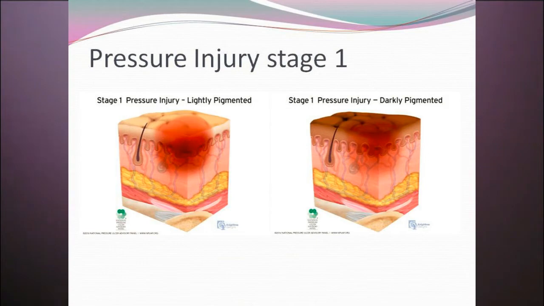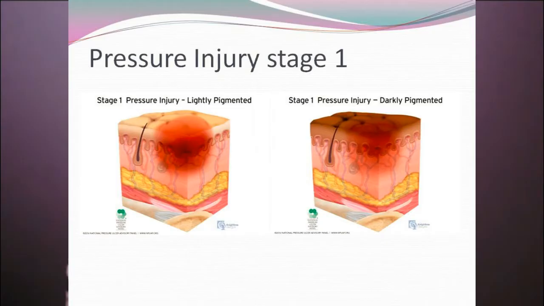That is not indicative of a pressure injury. However, if things are not addressed and the patient doesn't receive the benefit of good care, that could easily progress to a stage 1. But with a pressure injury stage 1, what you're seeing is an area of non-blanchable erythema.